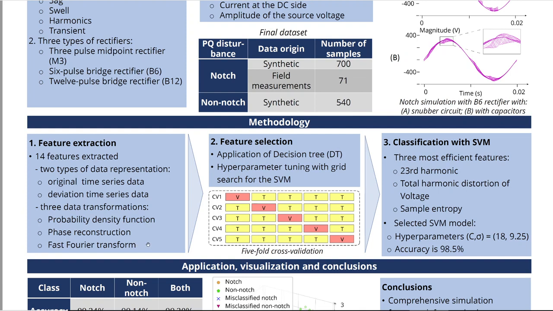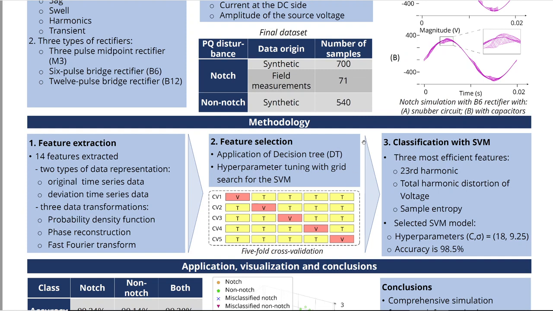The 2 types of time series were firstly transformed by probability density function, phase reconstruction, and fast Fourier transform. And then features were extracted from the transformed data. For feature selection, we applied decision tree, and the hyperparameter tuning was implemented by grid search.